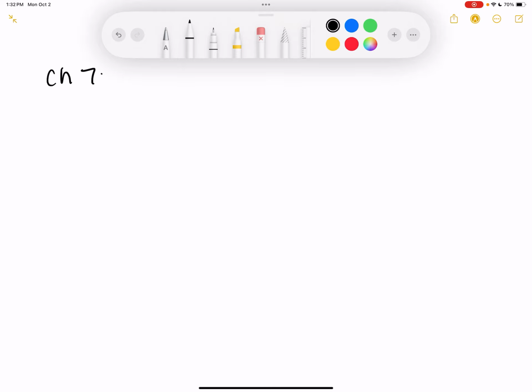All right, chapter 7, scatterplots, association, and correlation.